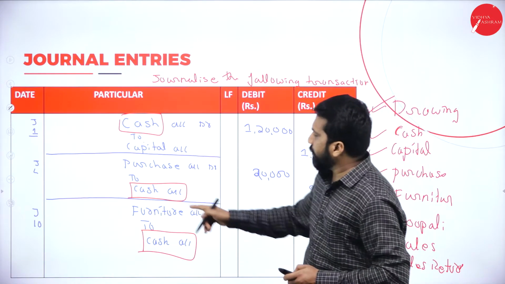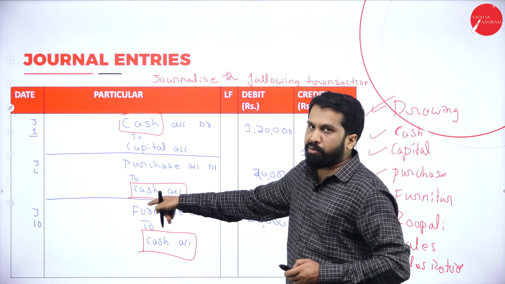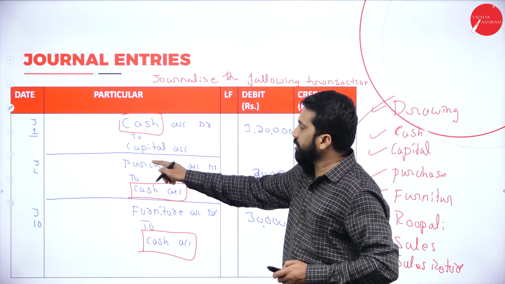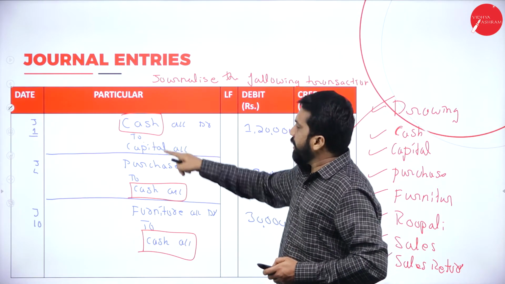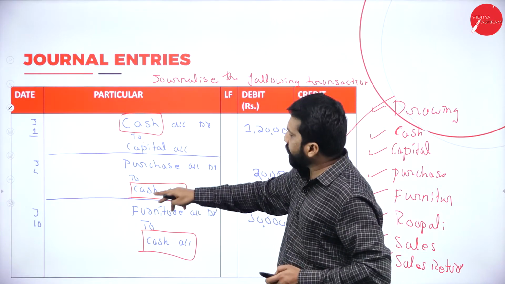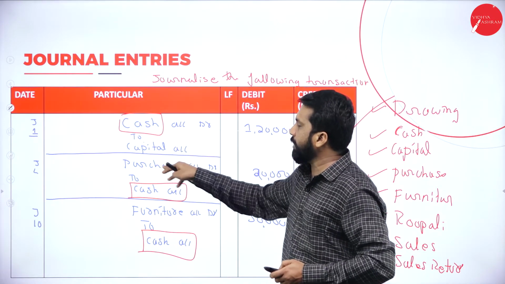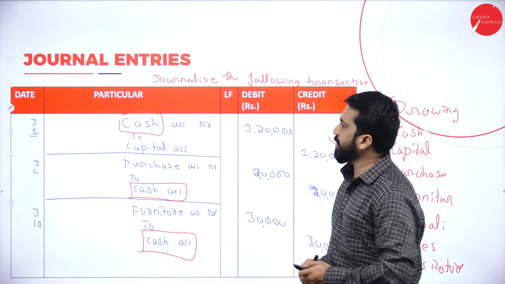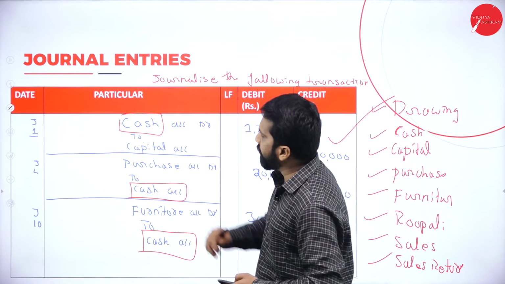Come to the second one. Cash itself goes down. So what is the first one? Purchase. So it will become "By". If cash is up, you have "To capital", we will write "To". Cash itself down means we go the opposite way, it will be "By". By purchase 20,000.